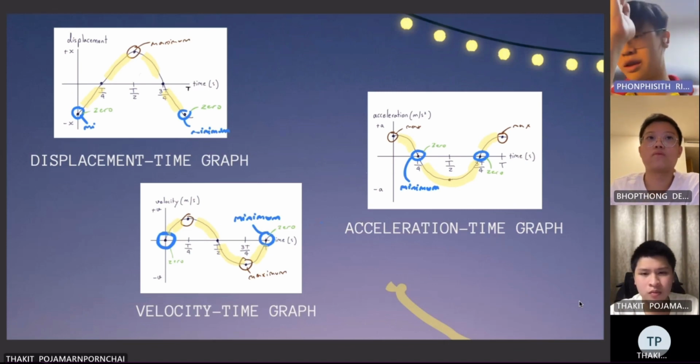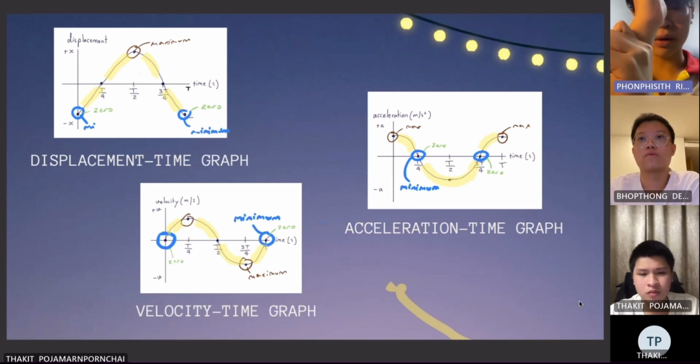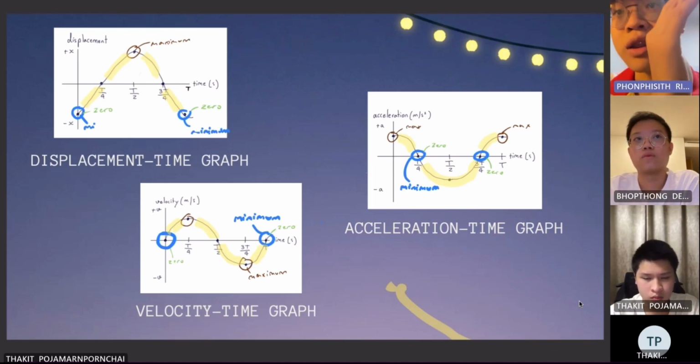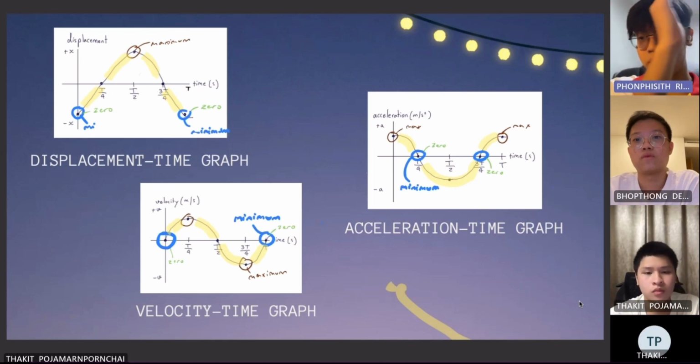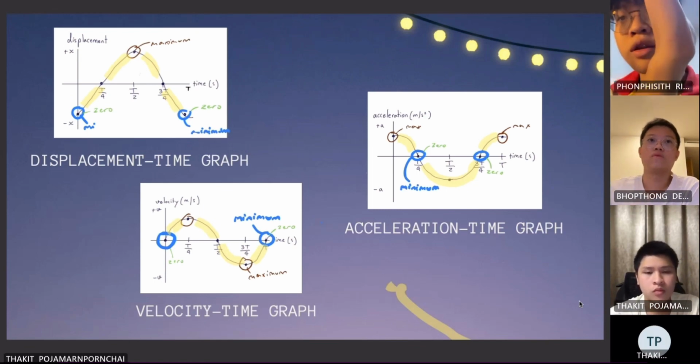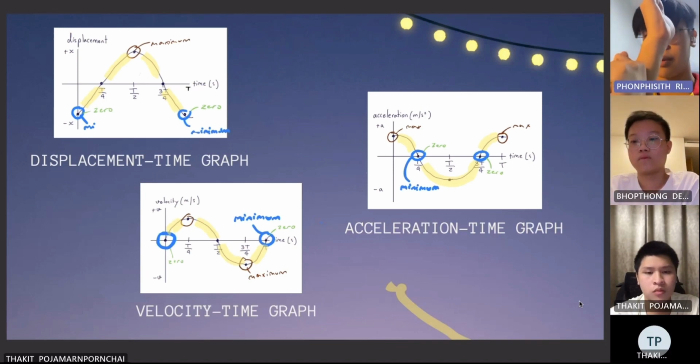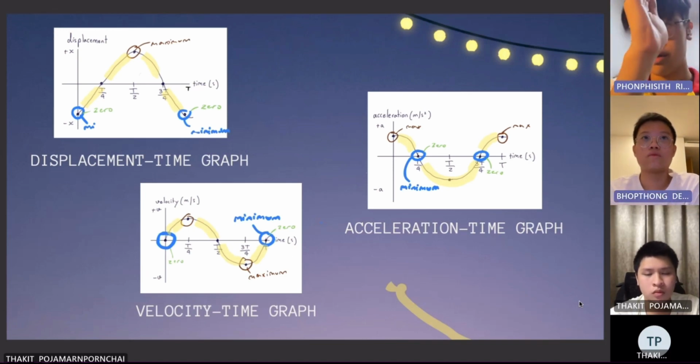Let's say this is 0, this is the middle point. The next one, T over 2, is when it reaches the farthest point from the starting point, right here. Next, 3T over 4 is when it reaches the middle point a second time. And T is when it returns to its starting point.